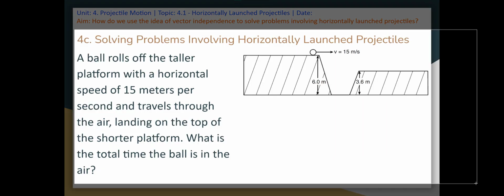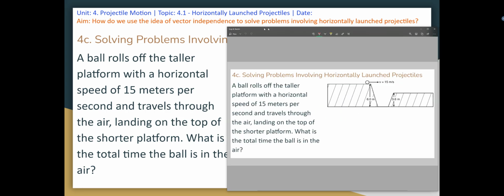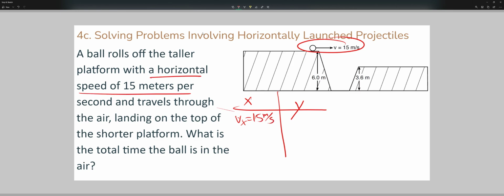4C is solved the same way as 4A. The only difference here is the distance in the y direction. So let's do it again, x and y. We launch it horizontally at 15 meters per second. It also says in the problem, horizontal speed.